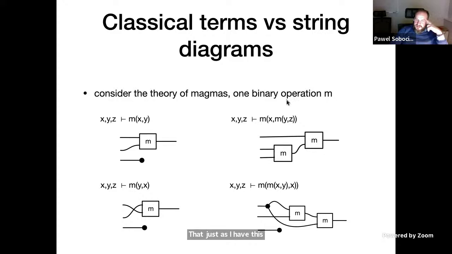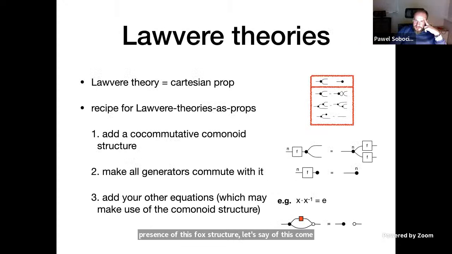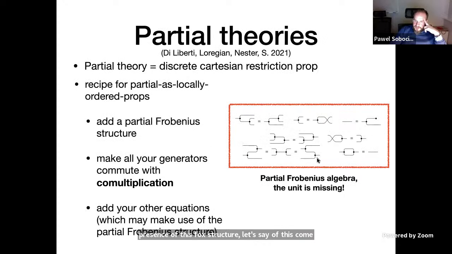just as I had this kind of translation between classical terms and string diagrams in the presence of this Fox structure, of this comonoid structure, well, it turns out that for string diagrams in the presence of this partial Frobenius algebra, you have equations between them, and the expressive power is exactly the same as these Horn formulas.